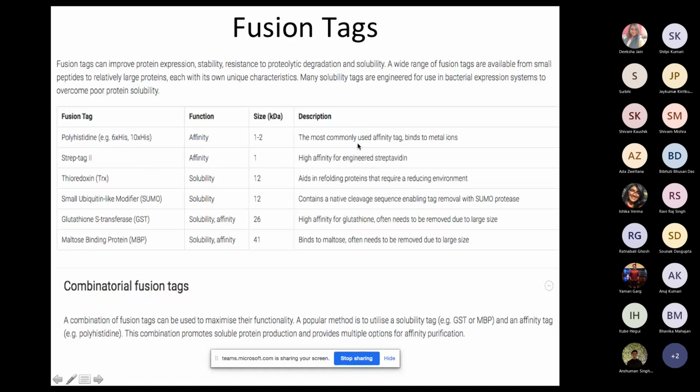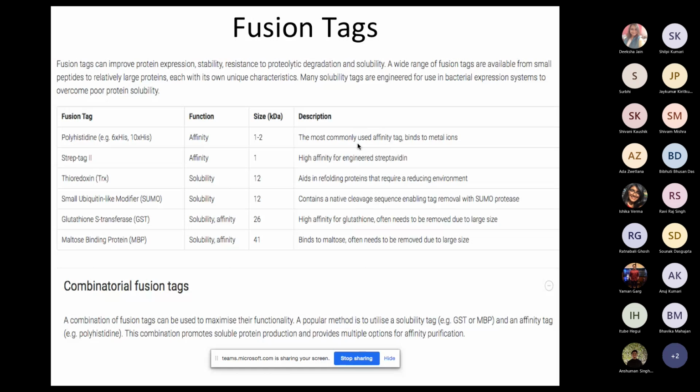Then obviously there are chances that if any unwanted protein was purified because of some, let's say, weak nickel ion binding activity, that will definitely now be removed because now I'm using a different affinity tag. So that is, let's say, stepwise purification using two different tags for one protein of interest.